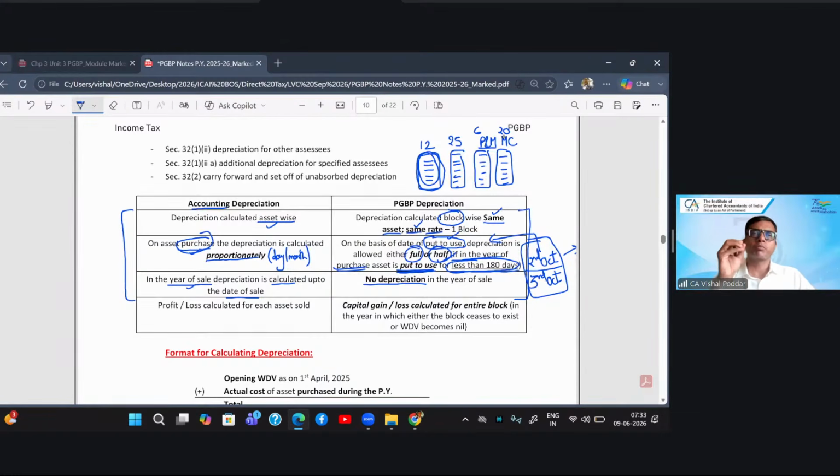Now let me tell you something about depreciation. You all will agree that depreciation itself is a concept which is never precise and perfect. What I mean by this: let us say I have purchased a motor car and I'm using it for the past 2.5 years.